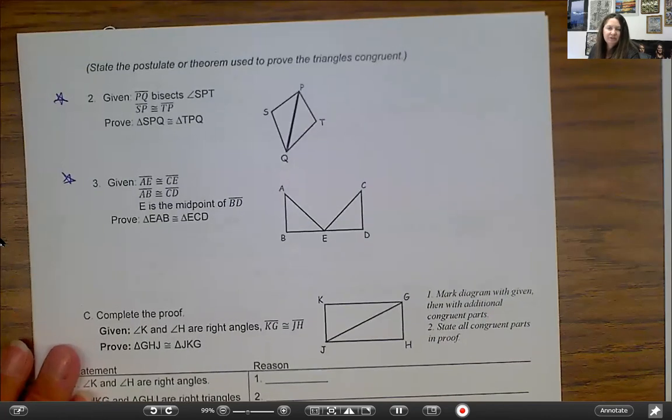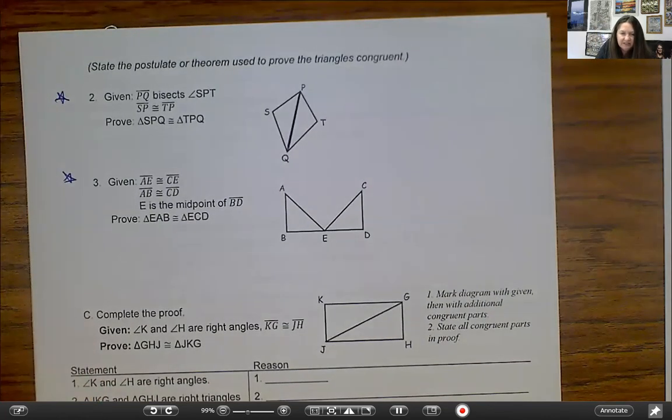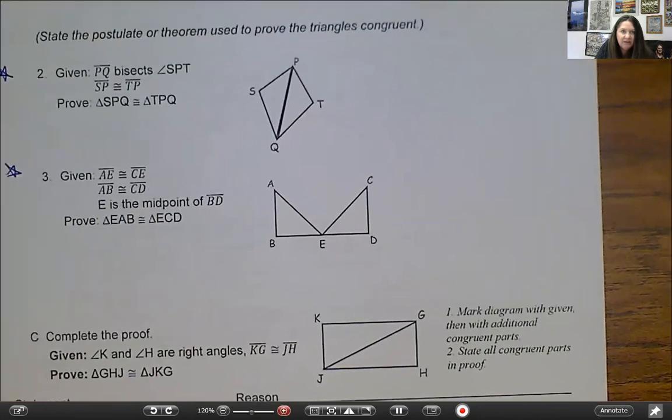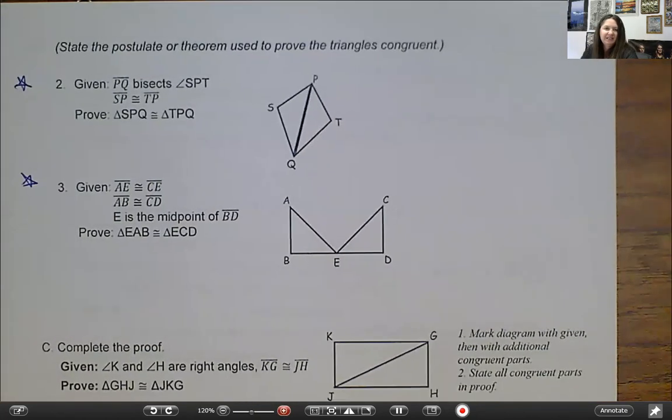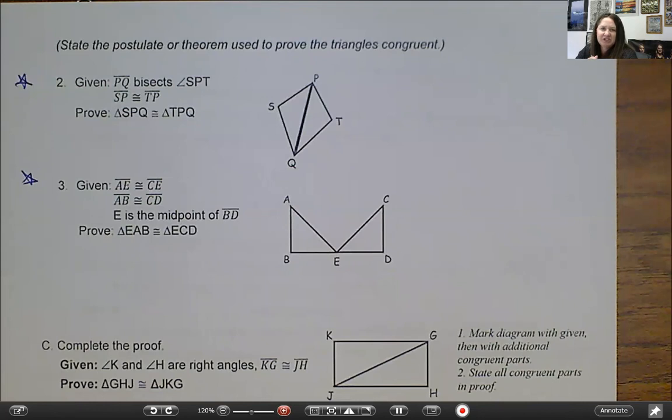Okay, let's try 2 more of these. Here where we need to kind of just state that postulate or theorem. Now, keep in mind, mark your given information, but then make sure to look at what you can determine from that.